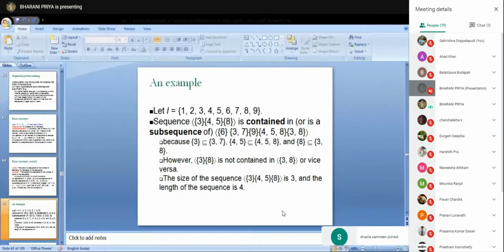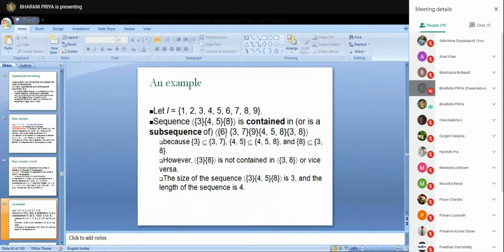This is a good example. We have these items and I have two sequences, 3, 4, 5 and 8, and another sequence 6, 3, 7. Let us assume that the sequence 3, 4, 5, 8 is S1 and the second sequence is S2.